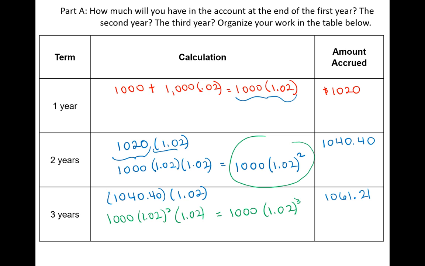We're starting to see a pattern: the amount is equal to the principal times (1 plus the interest rate, in this case 2%) to the power n. R is the rate for a period, and n is the number of periods. So that's our compound interest formula.